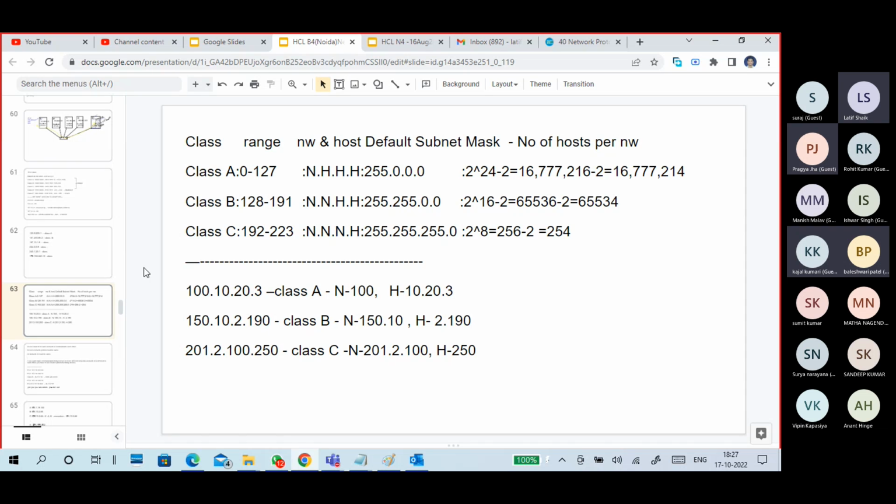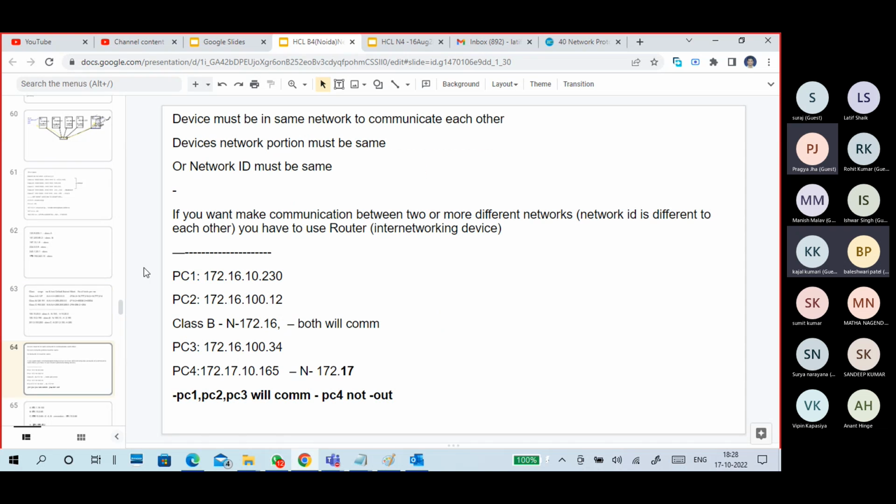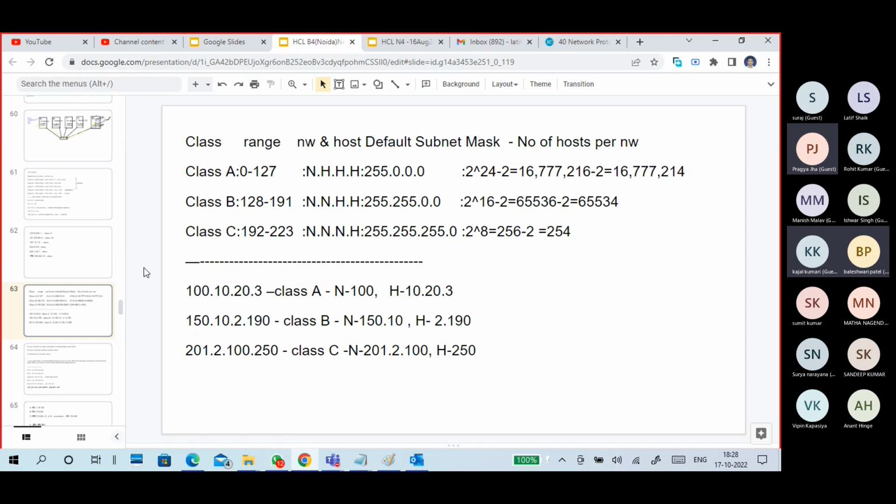In class A, compulsorily check the first octet. In class B, the first 2 octets. In class C, the first 3 octets are the network portion, and they should be the same, the same network. Of course, the subnet mask is also important.